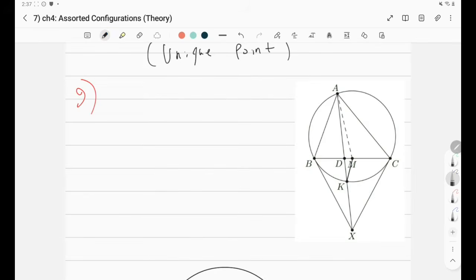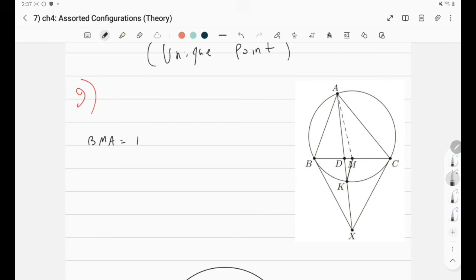Our goal is to show AMB equals BMK, right? That was our goal. So we can just actually deal with the other ones, the exteriors, as we said. So we can start with something like this.